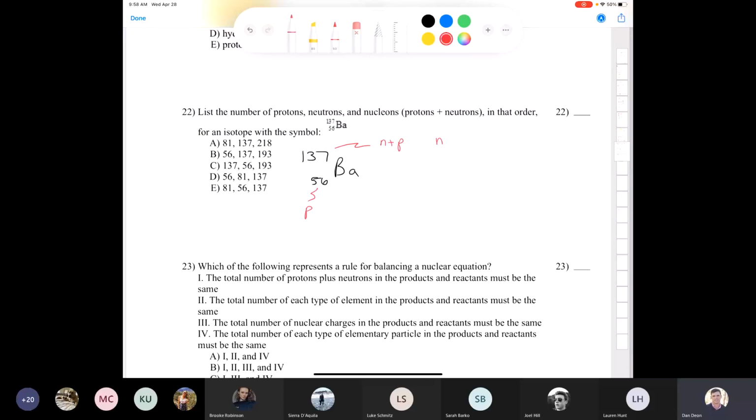So that means the number of neutrons is going to be equal to 137 subtract 56, which equals 81. So now I've got 56, I've got 81, and then the sum of the number of nucleons is the neutrons plus protons, which is 137. And that must be one of the answers. All right. So that is answer D.